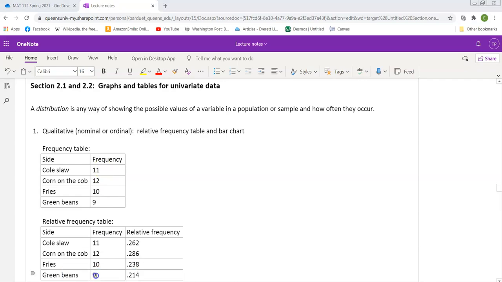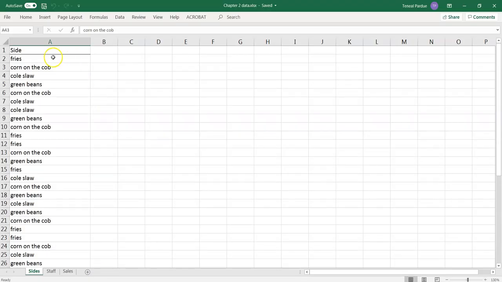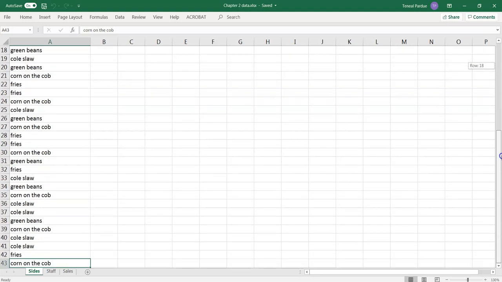So I made up this data set where you assume you've got a restaurant and they keep track over, say, one day of the restaurant, what sides people order. And they have 4 options: fries, corn on the cob, coleslaw, and green beans. And so they just keep track of how popular each one of those are. And they've got, in that one day, 42 customers.